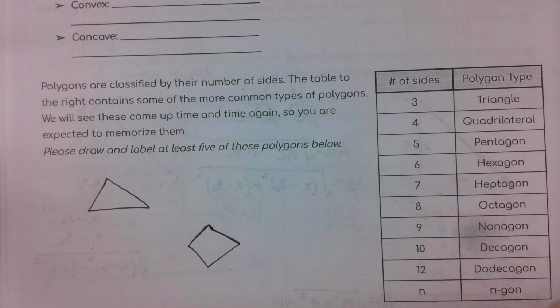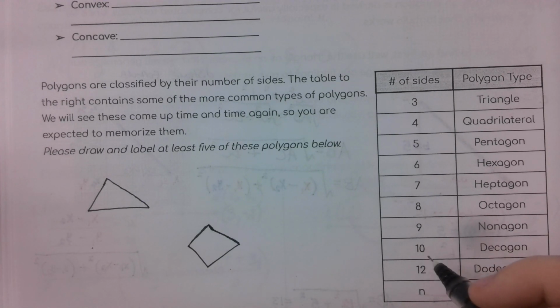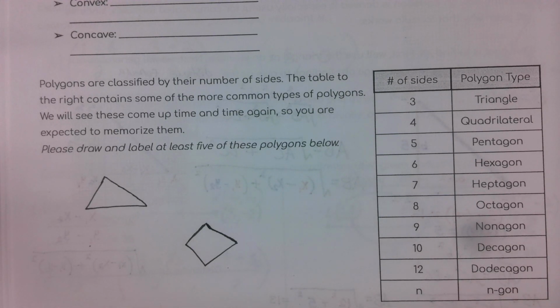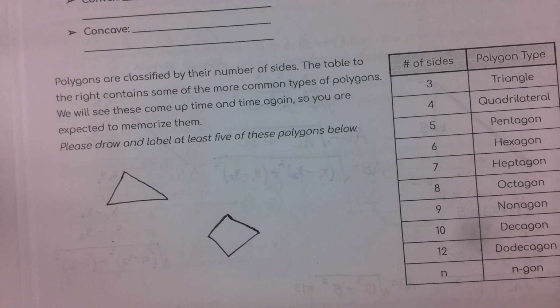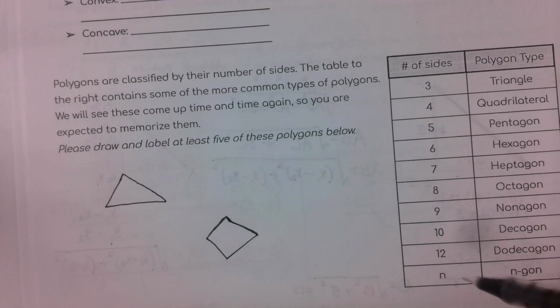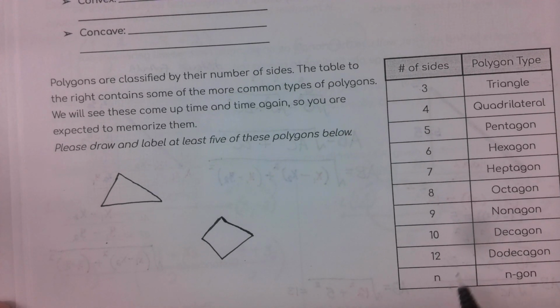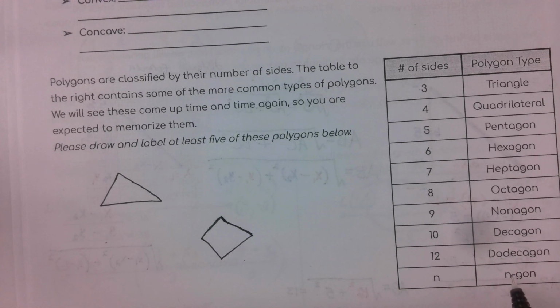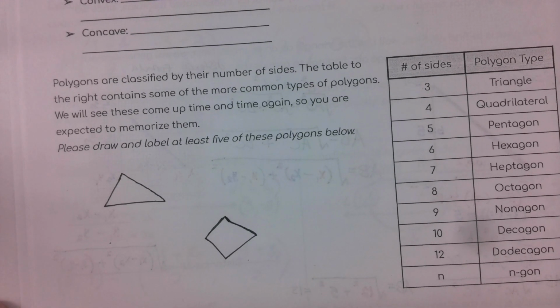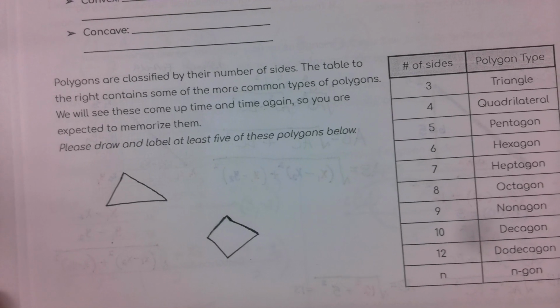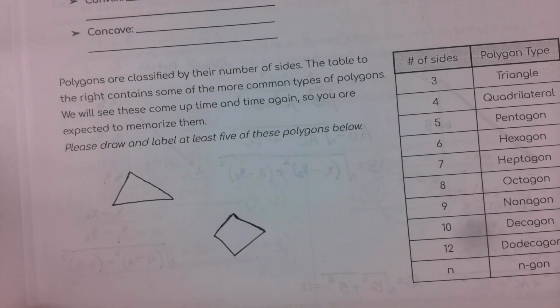We can go on and talk about hexagons, heptagons, octagons, nonagons, decagons. We skip 11 here to talk about dodecagons, because dodecagons are something that's very, very important. But the list could go on and on forever. Instead of listing off every single type of polygon, if there is a number of sides that we don't have a specific name for, we could just call it an n-gon, where n is the number of sides. So if I wanted to make a polygon that has 14 sides, we would call it a 14-gon.